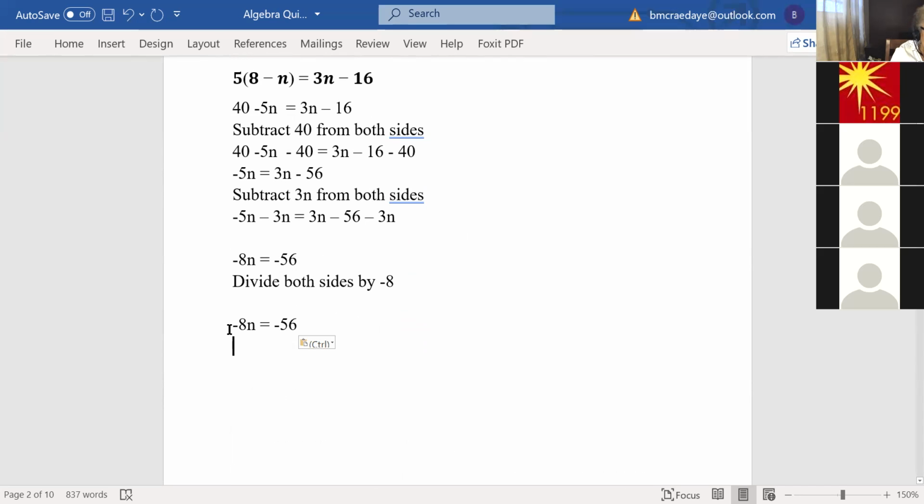And we divide both sides by minus 8. So on the left side we have a minus 8, and on the right side, same number, minus 8.